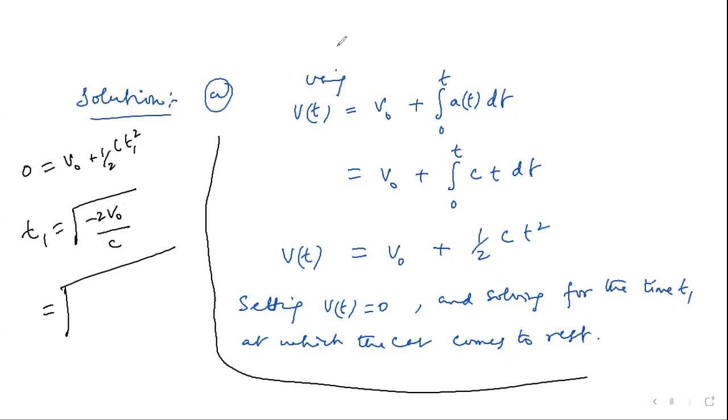It is minus 2, and we have v naught which is given 29.2. We take in SI units, meter per second. Then you have c which is given minus 2.67 meter per second cube, minus 2 times 29.2 meter per second divided by minus 2.67 meter per second cube. This whole thing is within the square root.